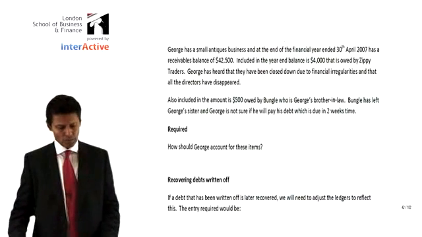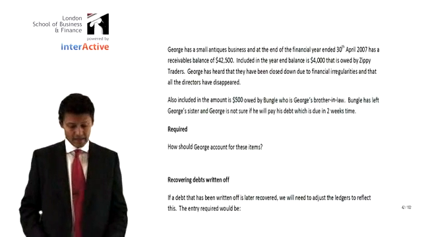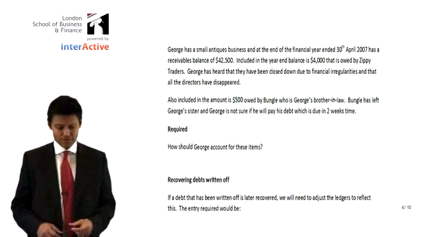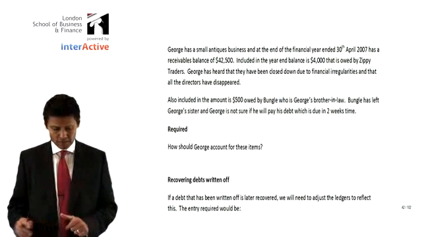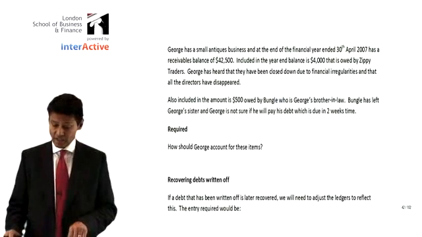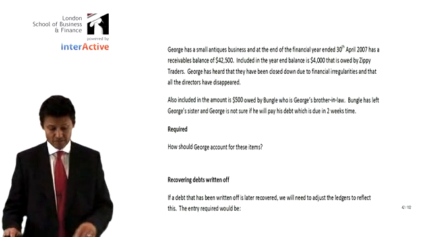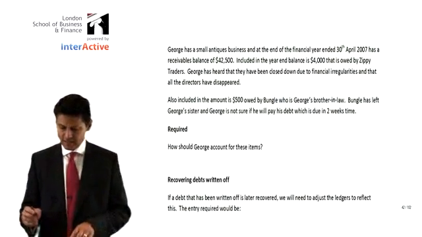So George has a small antiques business. That's us. We are George. And at the end of the financial year ended 30th of April 2007, has a receivable balance of 42,500. Might underline that.